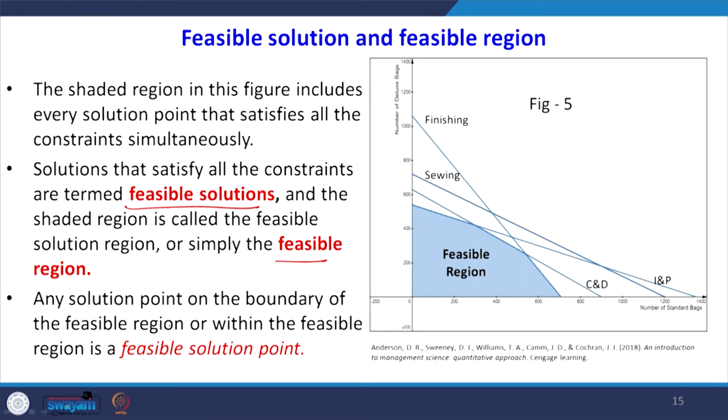Any solution point on the boundary of the feasible region or within it is a feasible solution point. So, on this boundary this is a feasible solution point.